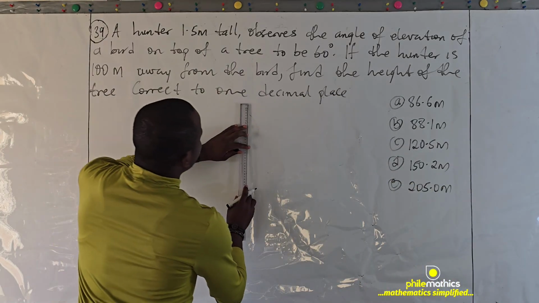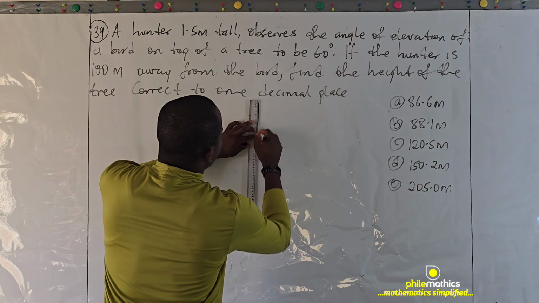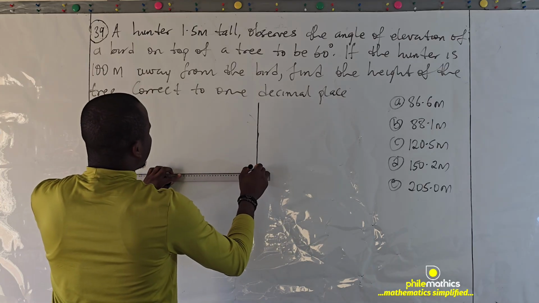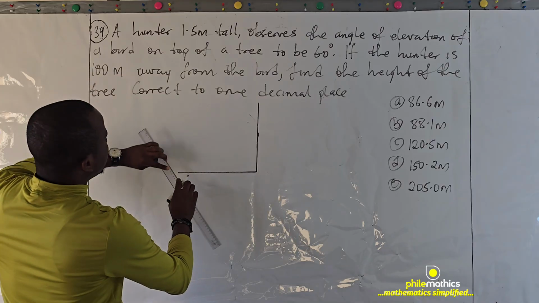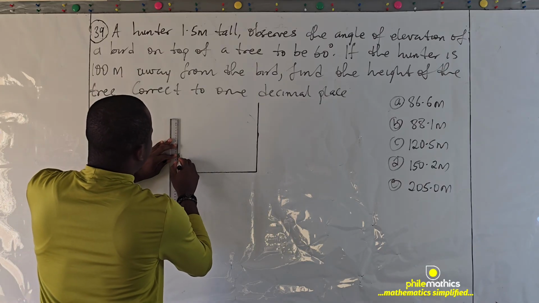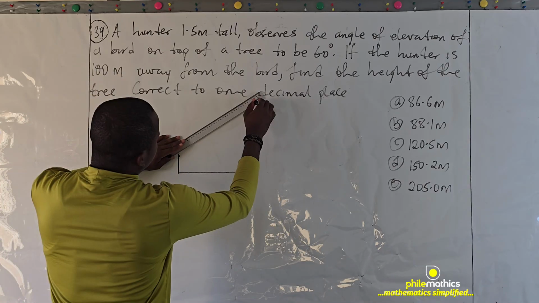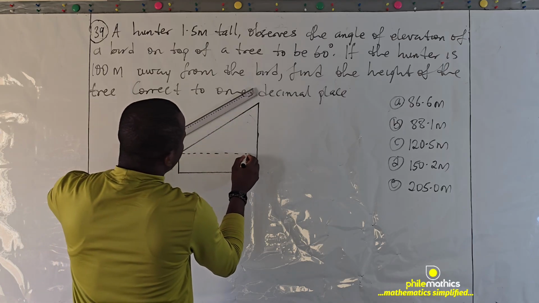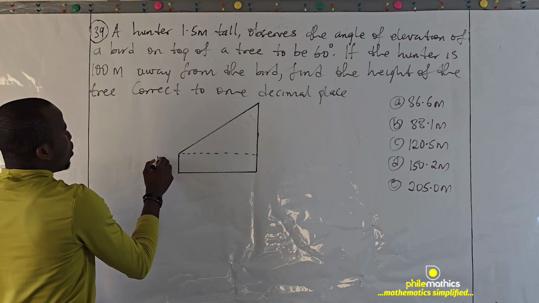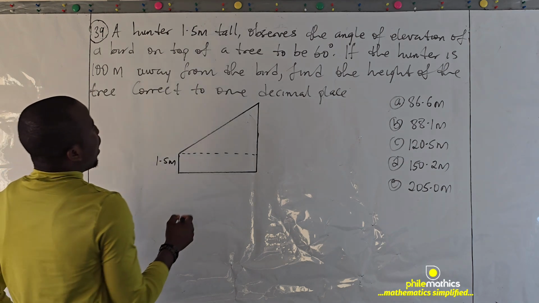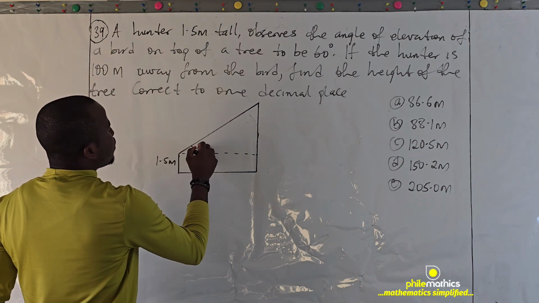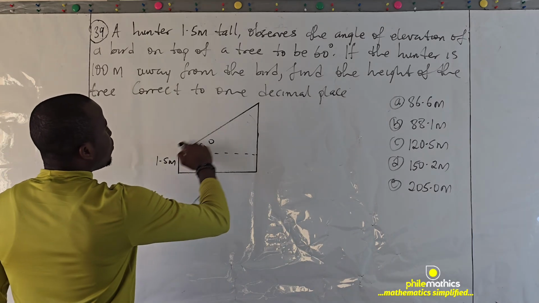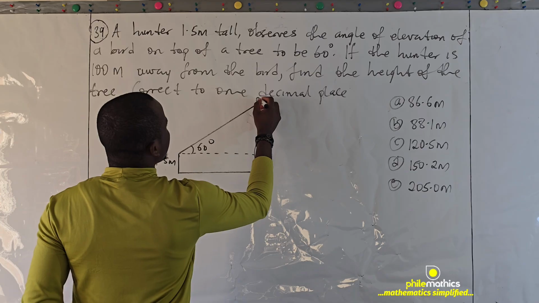Now, if this is the tree and this is the horizontal distance and this is the hunter, and then this is his angle of elevation. This is his eye level. We are told that the hunter is 1.5 meters tall and the angle of elevation is 60 degrees and he's 100 meters away from the bird. This is where the bird is.